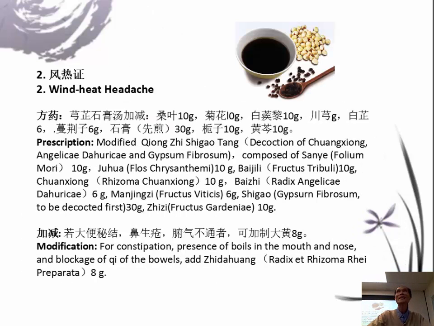For wind heat, we use the second formula, which is called 芎芷石膏汤. You can see that this is composed of three things: 川芎, 白芷, and 石膏, which is a kind of mineral herb.